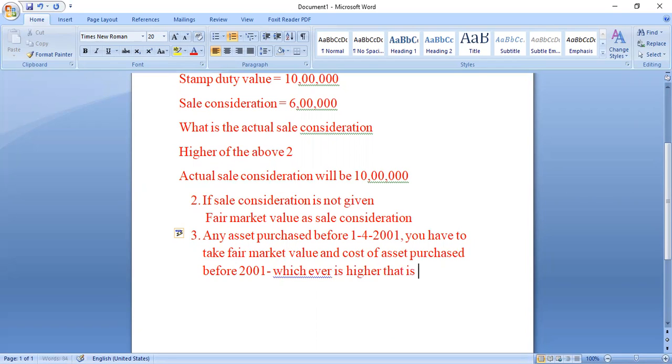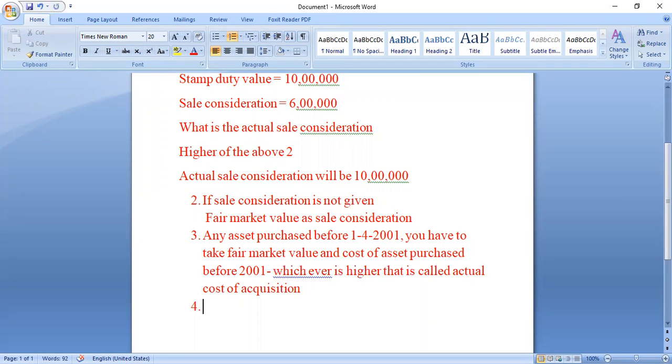That is called the actual cost of acquisition. So you have to consider the fair market value and the cost of the asset purchased before 2001, compare them, and whichever is higher is the cost of acquisition.